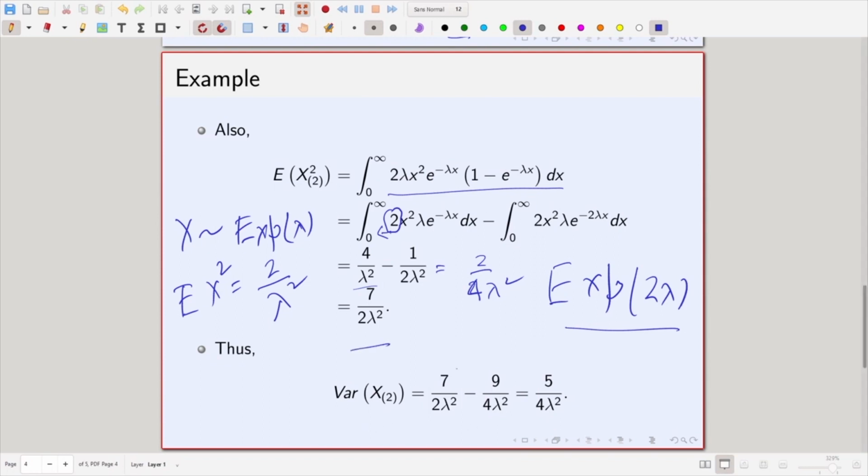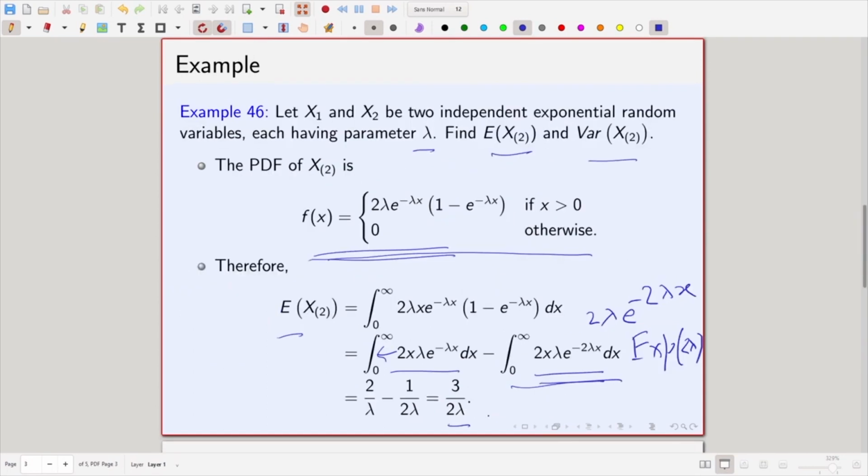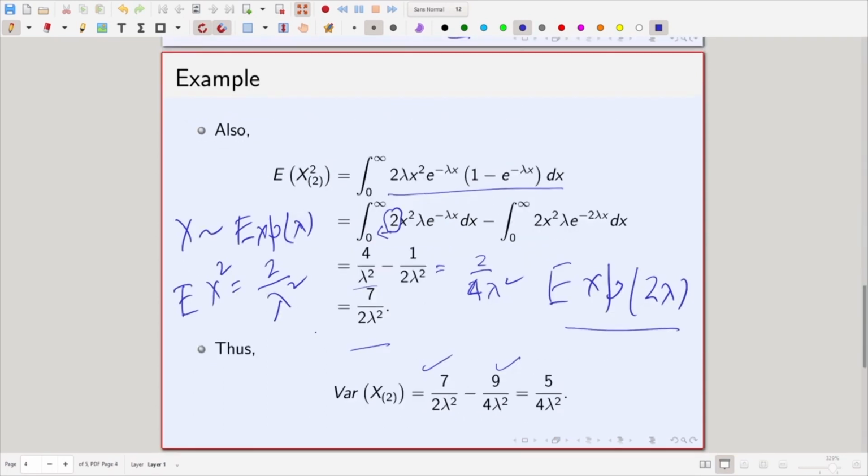So the variance is expectation of x2 whole square minus expectation of x2 the whole square. We already know from the previous slide what expectation of x2 is. So finally we get that this is the variance.